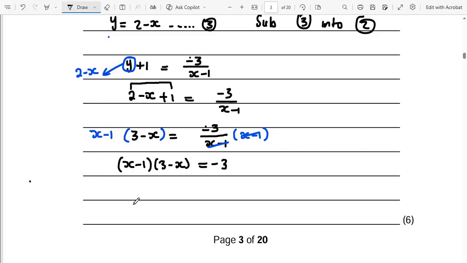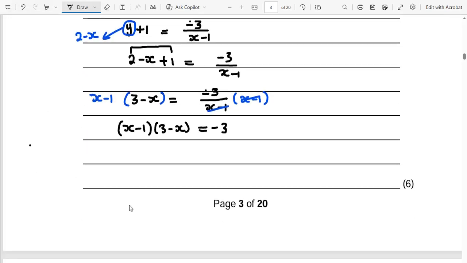Multiply out the bracket, add the like terms. So this is x times 3, that's 3x. x times minus x, that's minus x squared. Minus 1 times 3, that's minus 3. Minus 1 times minus x, that's plus x. This is minus 3.